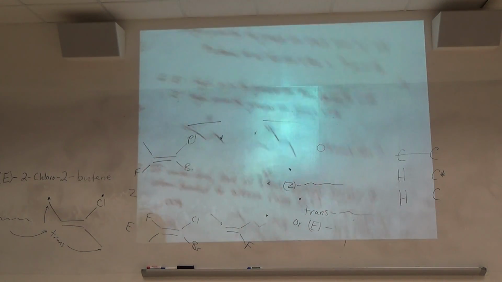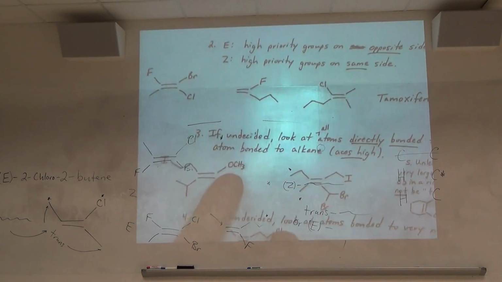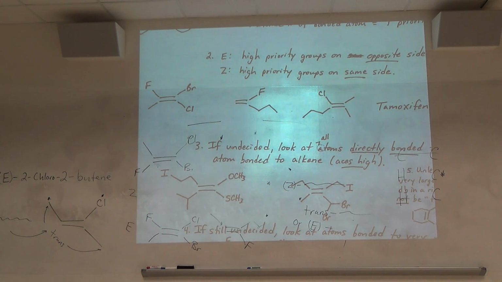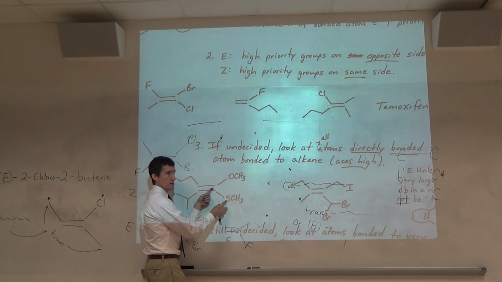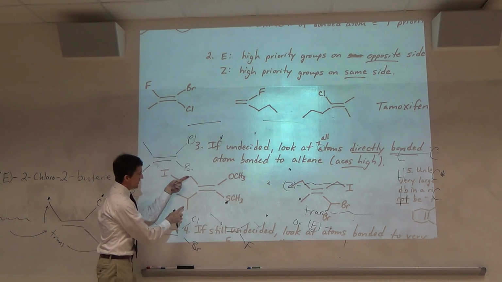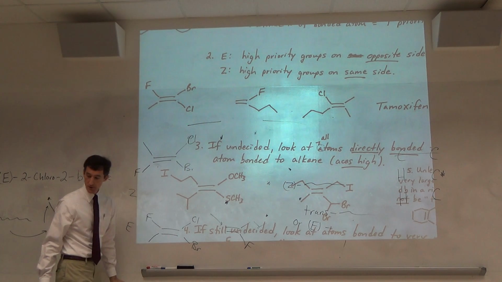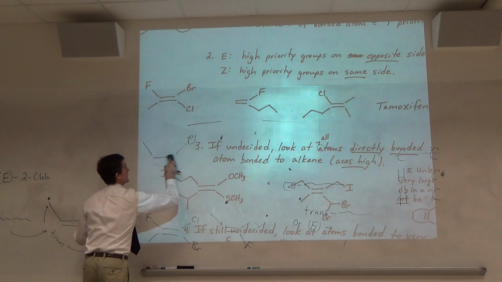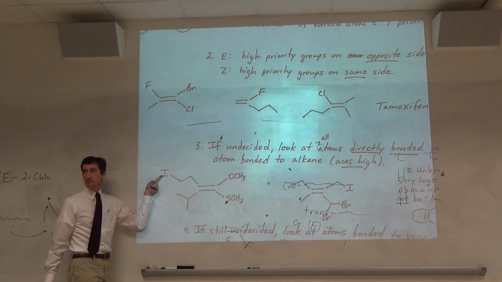Okay, some examples of having to decide. E or Z? Oxygen or sulfur? Sulfur. Carbon or carbon? All right. Well, which group ends up being high priority? How did we do it before? Well, that's got to be iodine. That's got to be the big group, right?